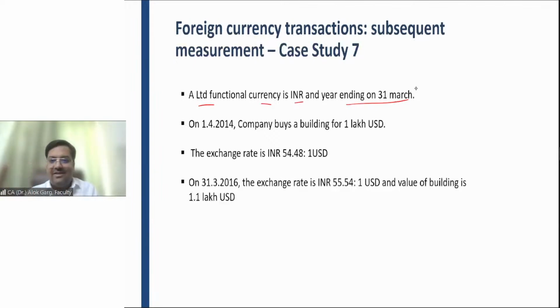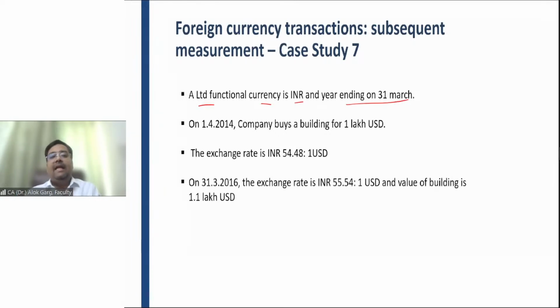In foreign currency transaction recording, there is no FCTR. If it is a monetary item, everything goes to P&L. If it is a non-monetary item taken at fair value, then the exchange impact has to go to the same place where the impact of fair valuation has been recorded. Is that clear?